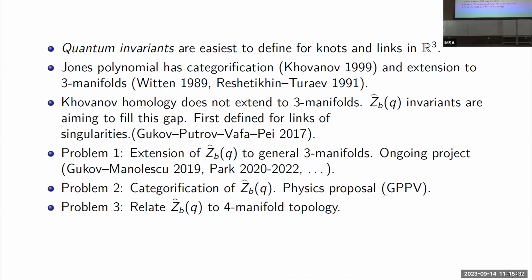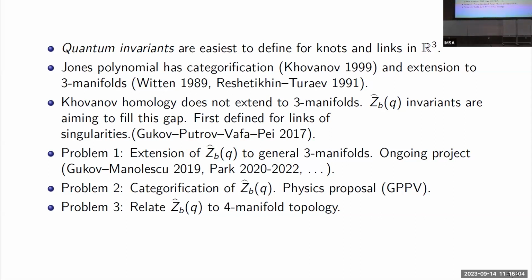The second problem is categorification, of course. So we want to have some vector spaces, and there is a physics proposal. So there should be some 3D supersymmetric quantum field theory, such that the Hilbert spaces should categorify this series. And this second problem is related to the third problem, and that's the question about actually getting some interesting topology out of this invariant.